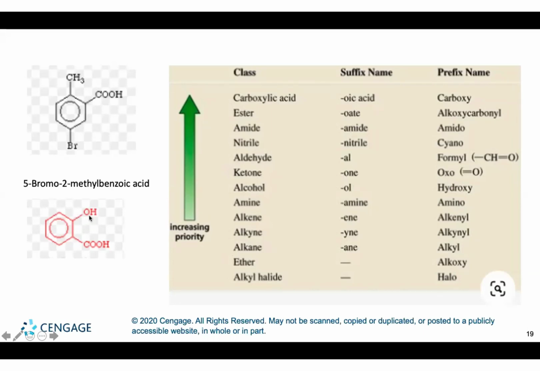The carbon that is attached to OH gets number 2, and how do we name it? The OH, you can see when we want to use it as a prefix or at the beginning of naming, it's gonna be a hydroxy group. So on carbon 2, we have a hydroxy group, and it's going to be 2-hydroxy benzoic acid.